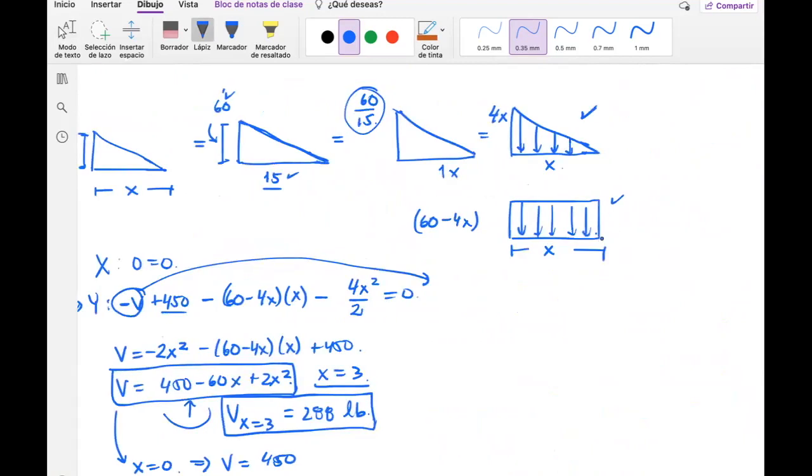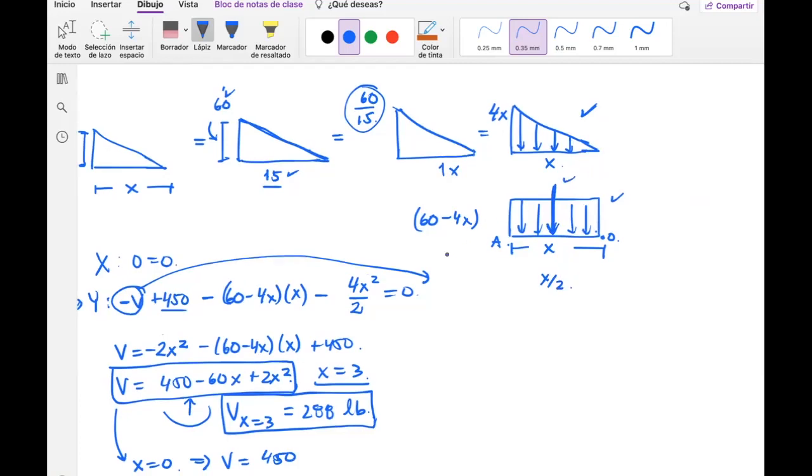So for the rectangle, here is my point O. I don't know if you remember. Here's point A, fine, everything is fine so far. In order to find it, I need to locate where this resultant is going to happen, and this is going to happen at x divided by 2. So that's where it's happening. What about the force? The force, I already got it.